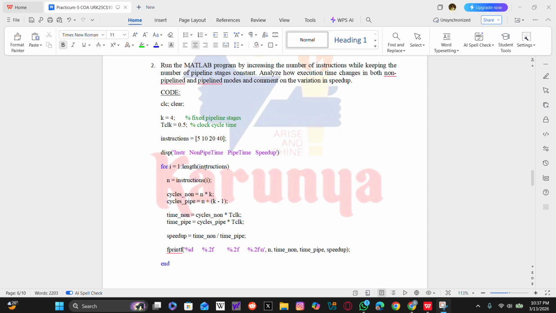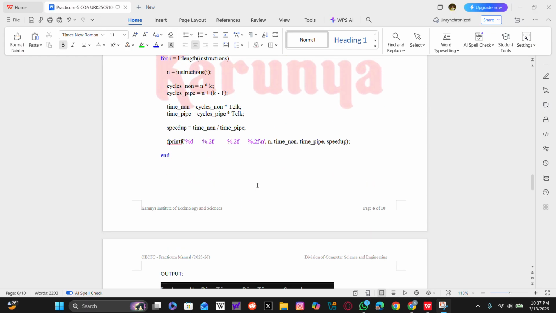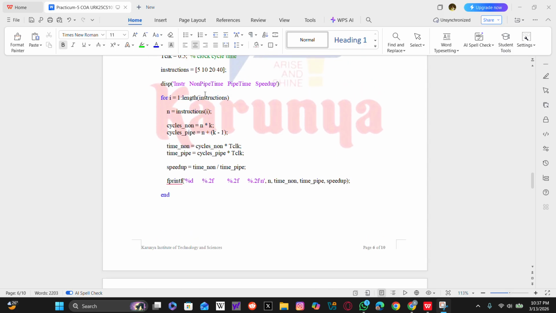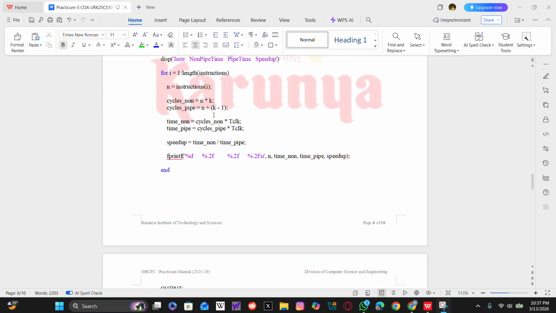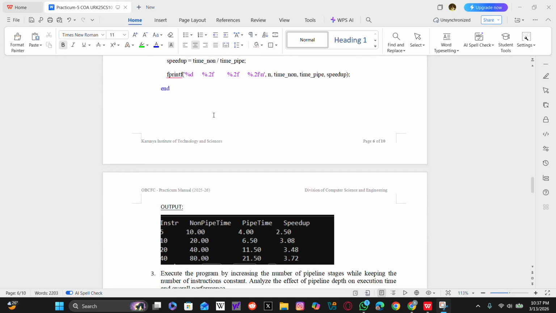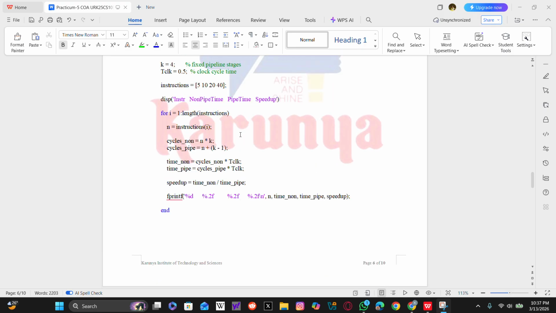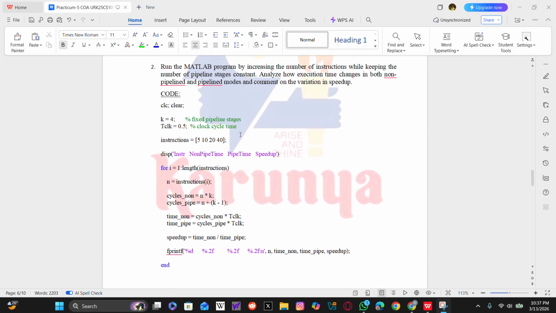The pipeline time and the speed up have been determined using the previous formulas given here, where n is equal to instructions of 5.